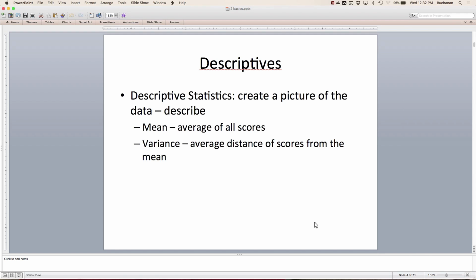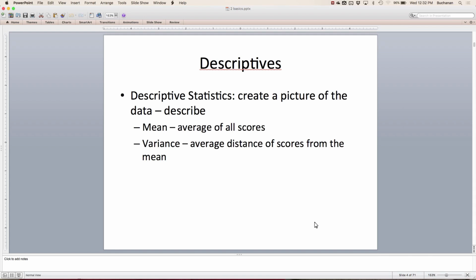The odds of you winning the lottery are the odds of hitting another quarter that happens to be on the field. If we take that quarter as our mean, variance is how far away all the people throwing these quarters are. So it's an average distance of scores away from the center of the field, or the center of your data.